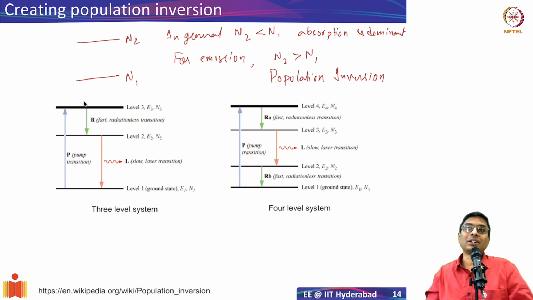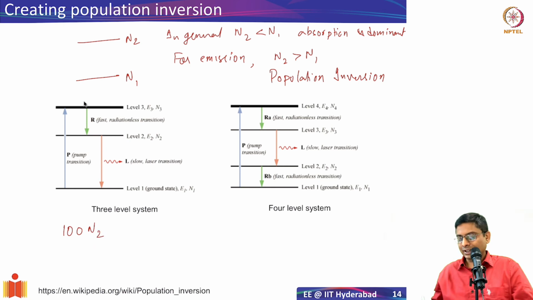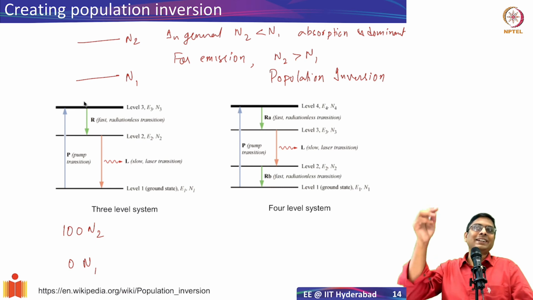And how strong is it? Let's say you have a population inversion of, let's say, 100. I'm just taking an example. Initially there are 100 atoms in the excited state, N2 equals 100 and N1 equals 0. Now, one photon will be created, and then the population inversion reduces to 98, because 99 minus 1.